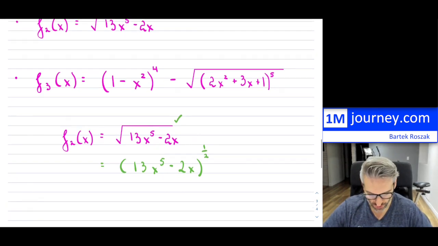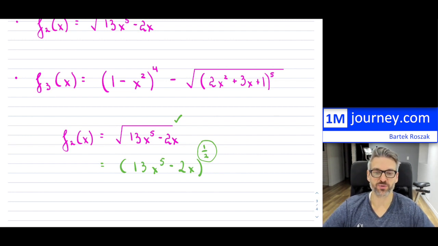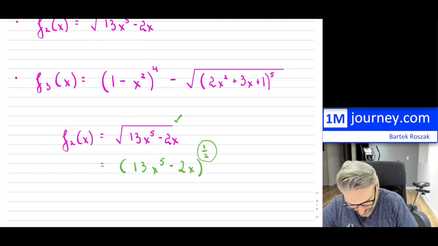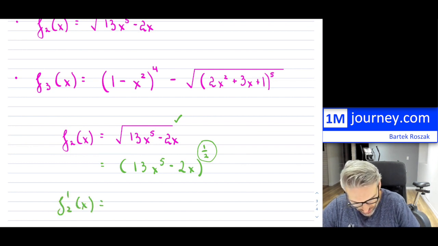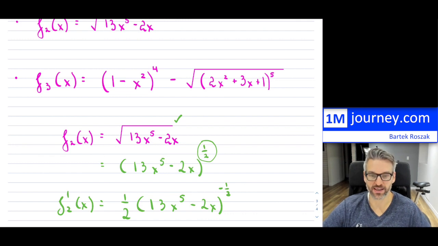So I know what the actual derivative of a radical is, and that would come in front. So the derivative of f2 of x is equal to 1/2 times (13x to the 5 minus 2x). I have to subtract 1, so this would have been negative 1/2 right here.